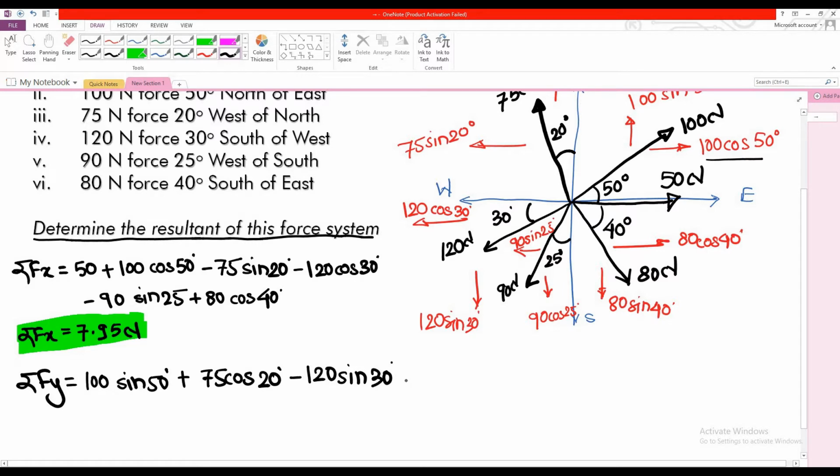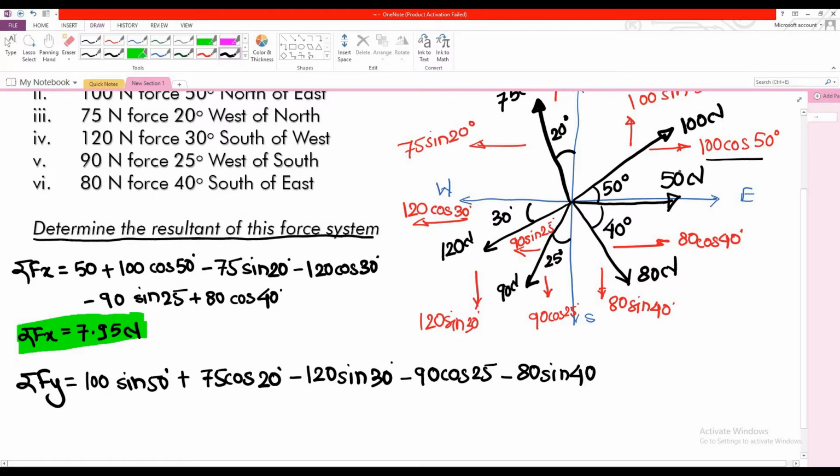Okay, then minus 90 cos of 25 and the 80 Newton force. It is minus 80 sine of 40.